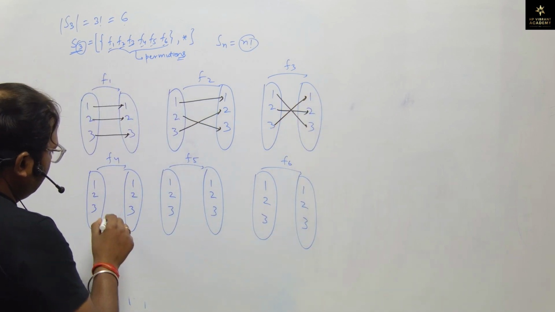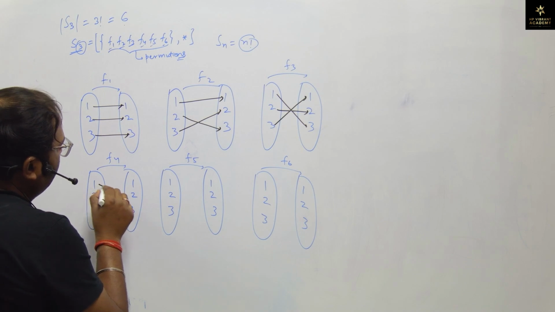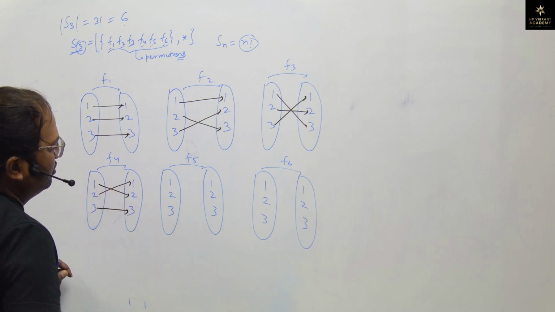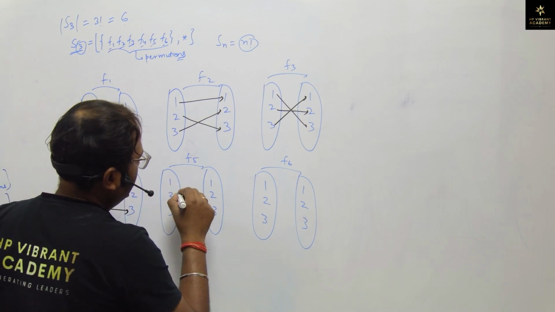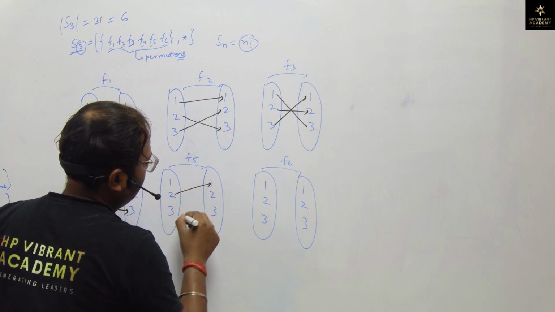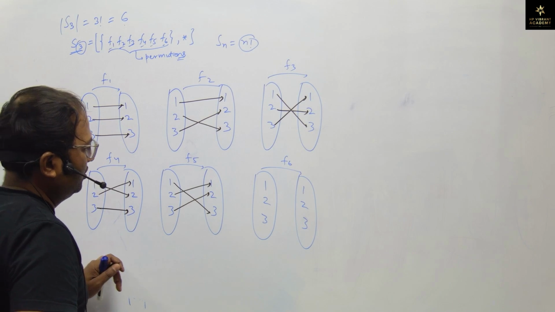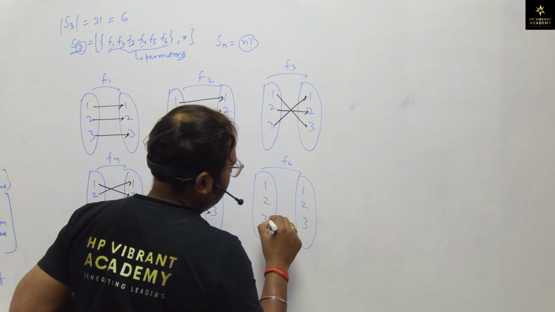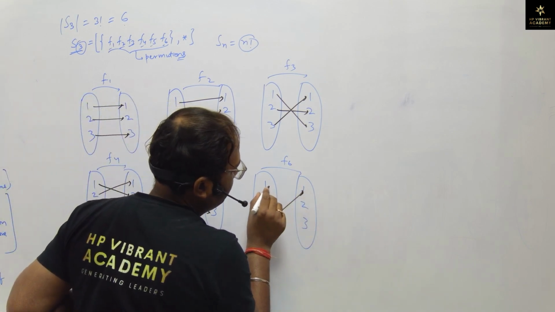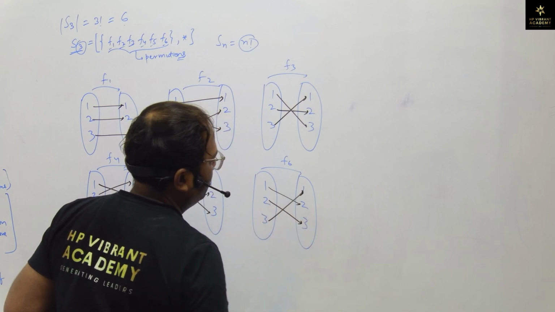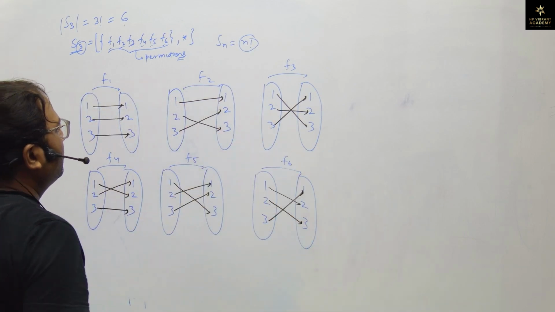Now take 3 goes to 3, 1 goes to 2, 2 goes to 1. Now 2 goes to 1, 1 goes to 3, 3 goes to 2. And let us take 3 goes to 1, 1 goes to 2 and 2 goes to 3. So these are all 6 mappings.